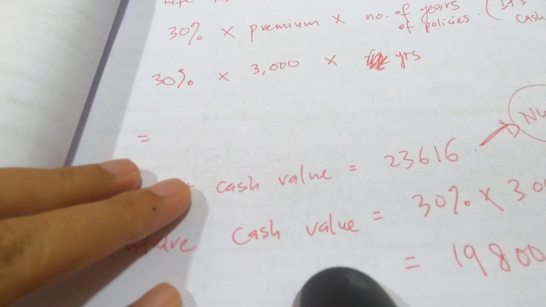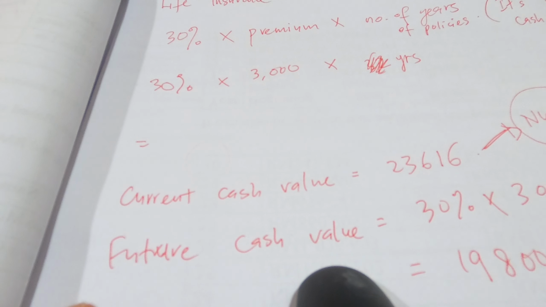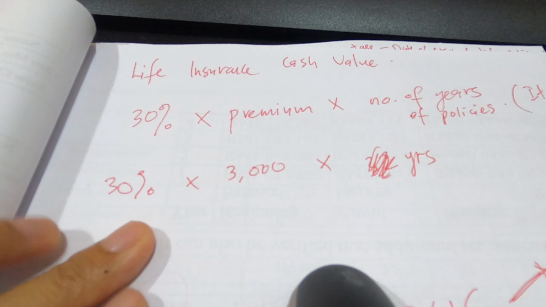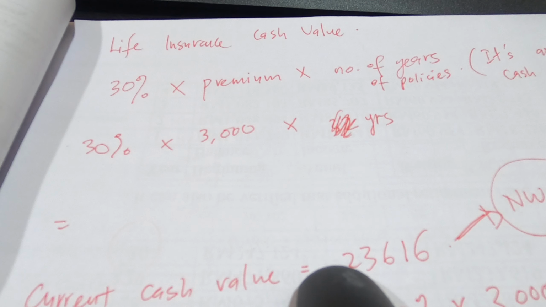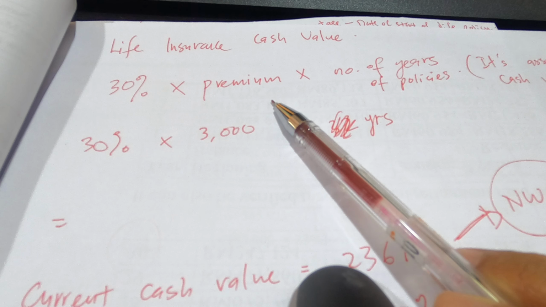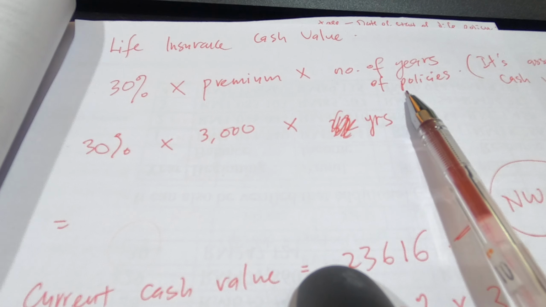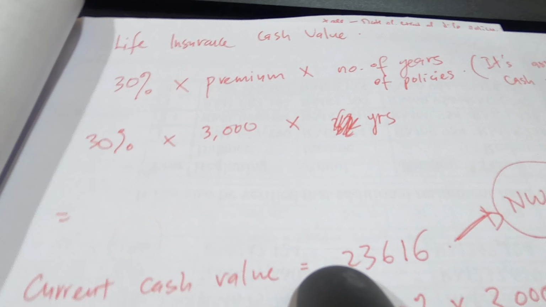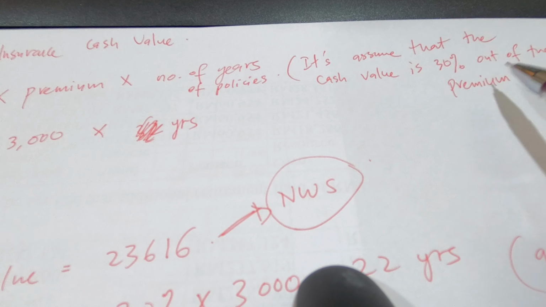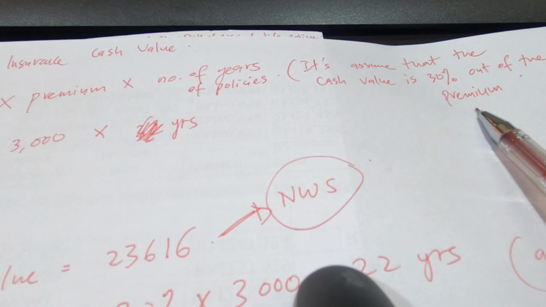Therefore, as for life insurance cash value, let's say we make an assumption, because in the project paper you can make assumptions. The assumption is 30% times the premium times the number of years of the policy. You also have to highlight in the notes that it is assumed that the cash value is 30% out of the premium.